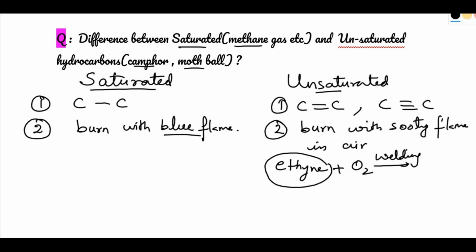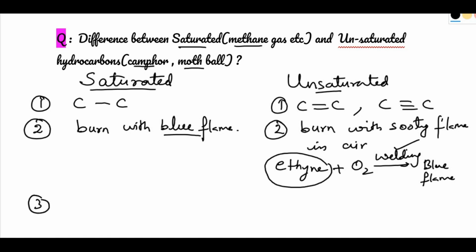And if soot is there, meaning unburned carbon particles are there, it may not produce the amount of heat energy needed to join metals, that is, welding. So it has to be burnt in presence of oxygen so that complete combustion occurs. That gives a blue flame. And remember, the blue part of the flame has the highest temperature. That will be sufficient to do the welding. So that is the important difference between saturated and unsaturated hydrocarbons.